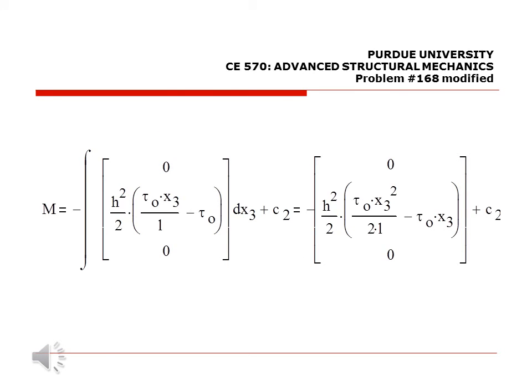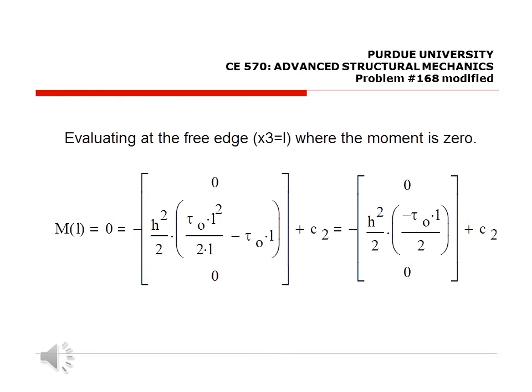Substituting the expression we found in part 2 for Mx into the expression of M and integrating, we found the expression as follows. To find the value of the constant C2, we must evaluate the expression of M at L, where the moment is 0, and we get the following expression.